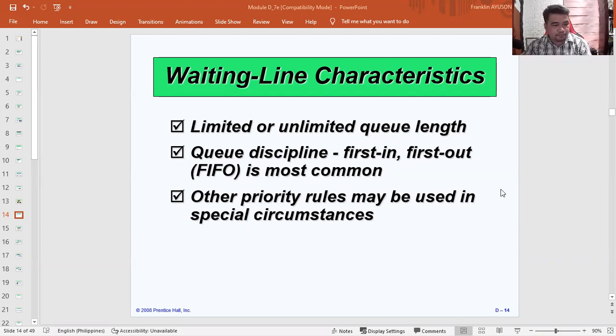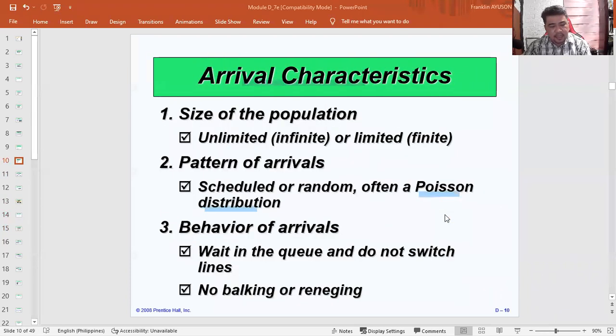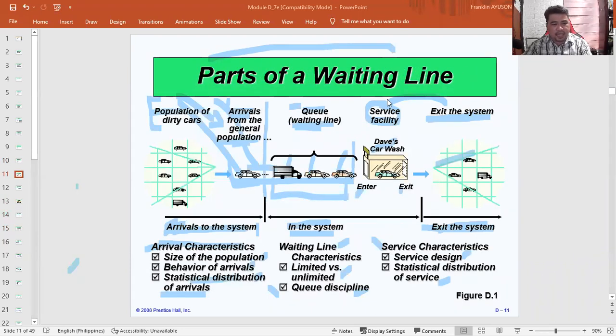Anyway, another would be this time the service characteristic. So let's go back: where is the service characteristic? Here it is. The service characteristic is from our service facility.